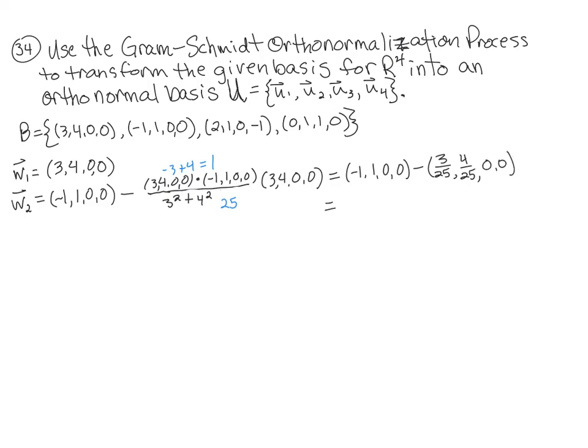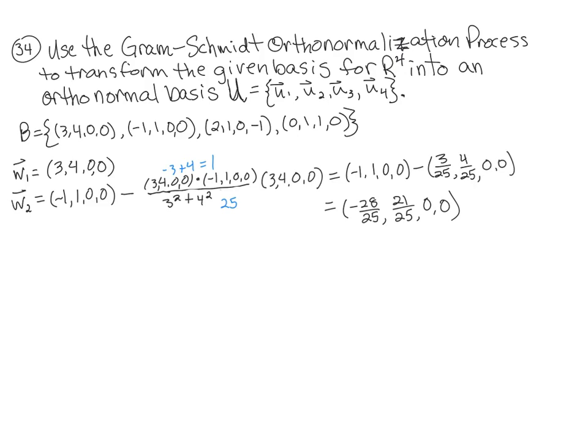So this is going to give me negative 25 minus 3 is negative 28 over 25. Next is 1, which is 25 over 25, minus 4, which gives me 21. 0 and a 0. So that's my second vector.